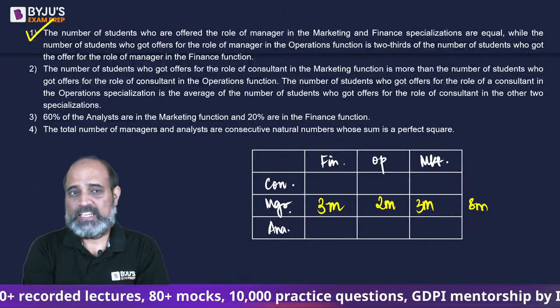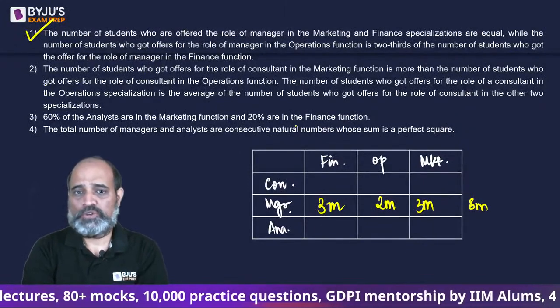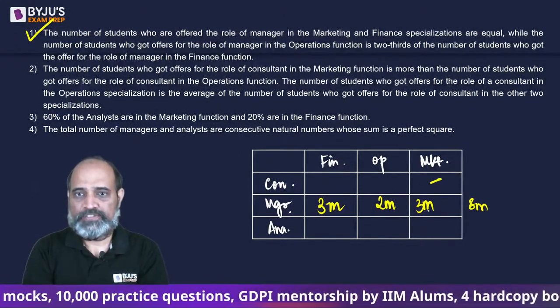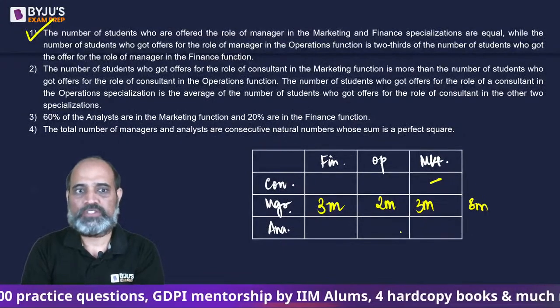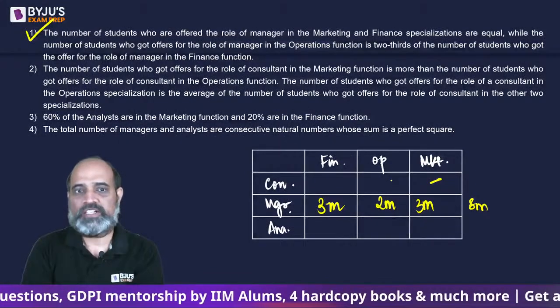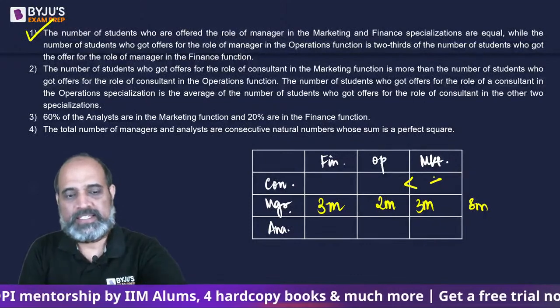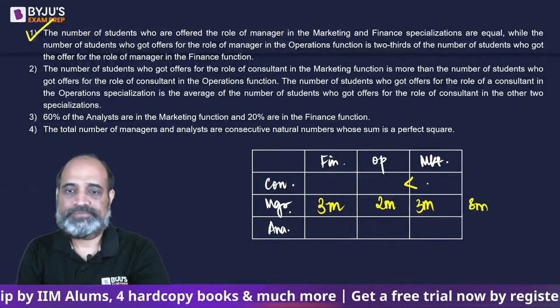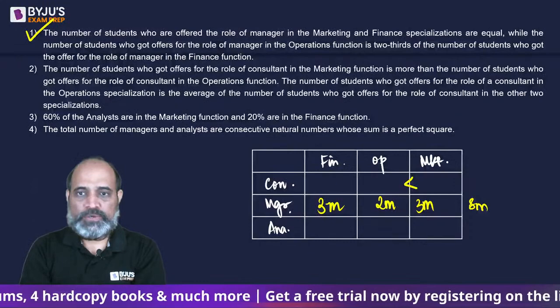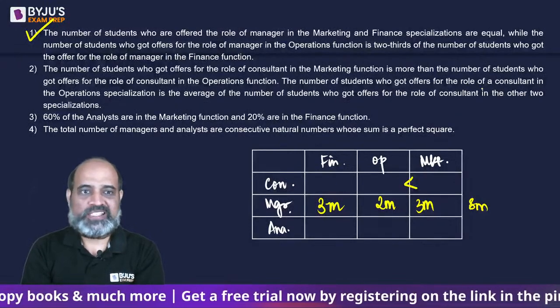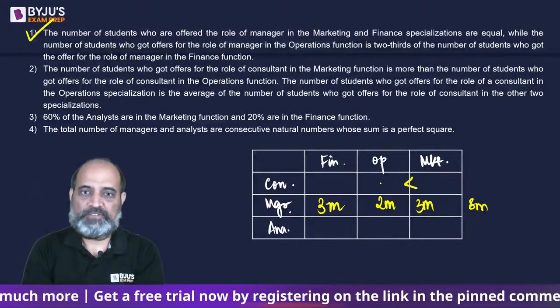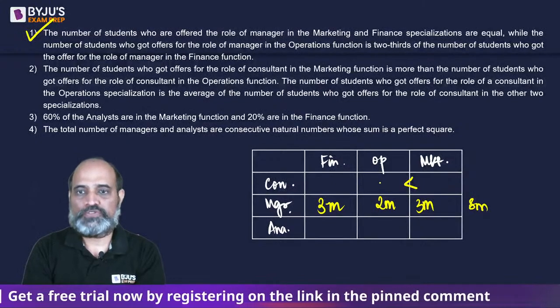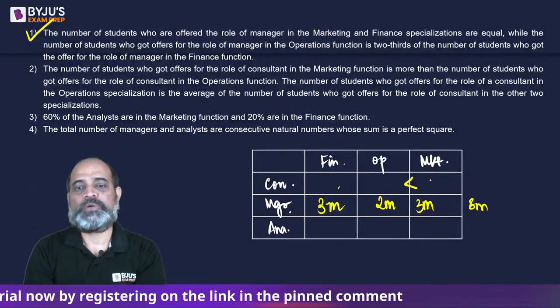The second says the number of students who got offers for the role of consultant in the marketing function is more than the number who got offers for the role of consultant in operations. So this is more than this, right? The number of students who got offers for consultant in operations is the average of the number of students who got offers for consultant in the other two specializations.